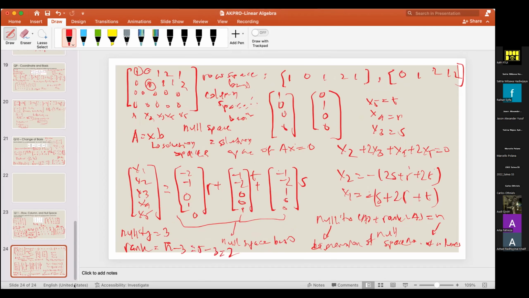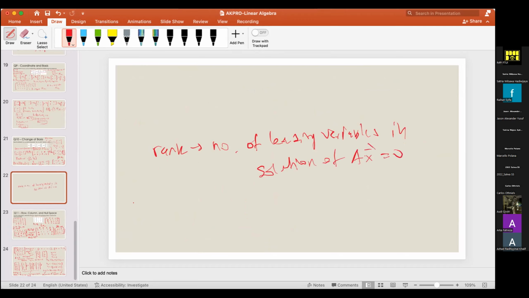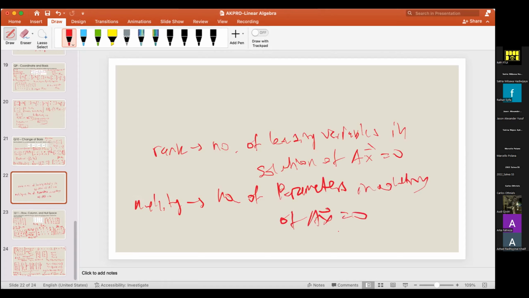And the formal definition of rank, I'll just write it here. Rank is the number of leading variables in the solution of AX equals 0, while nullity is the number of parameters in the solution of AX equals 0.